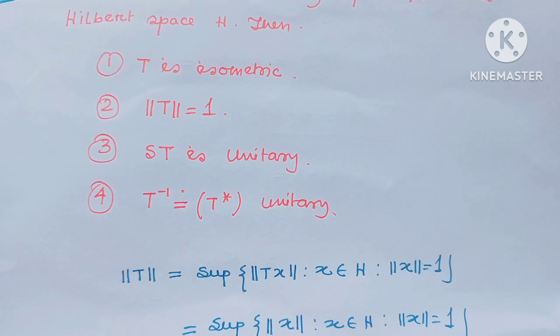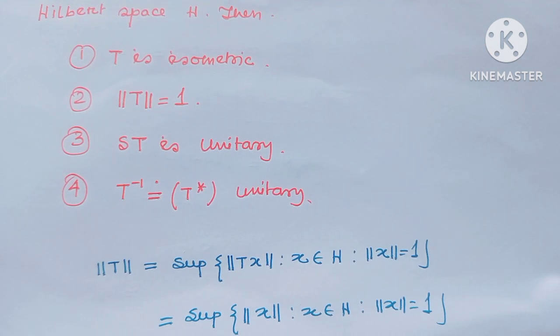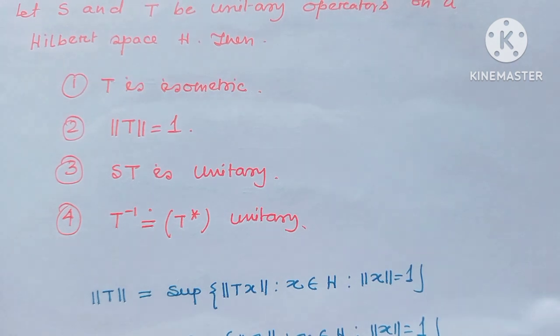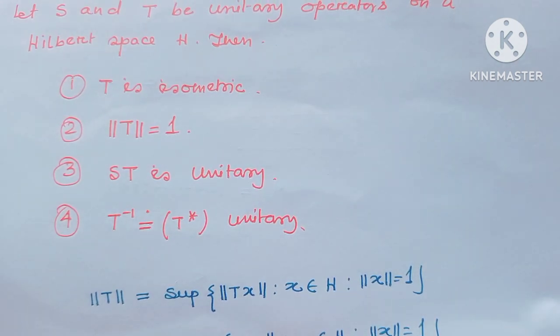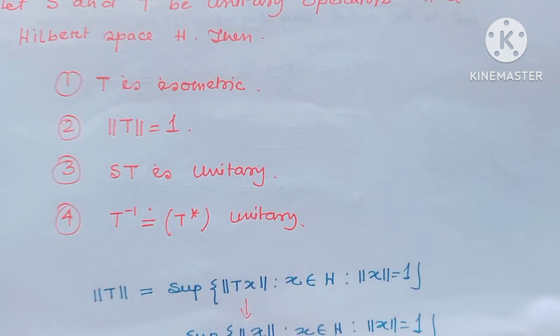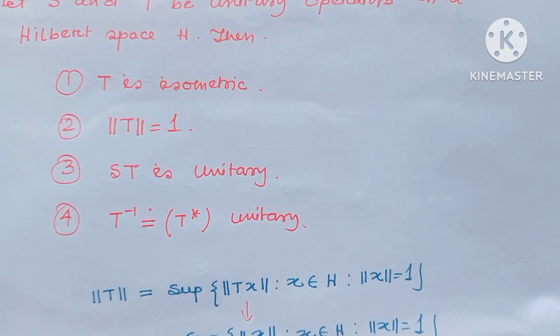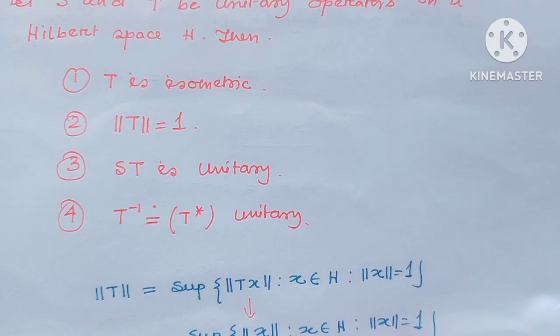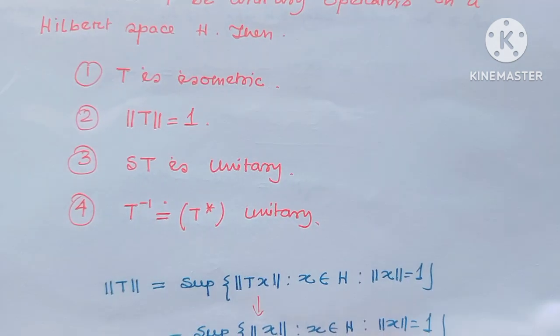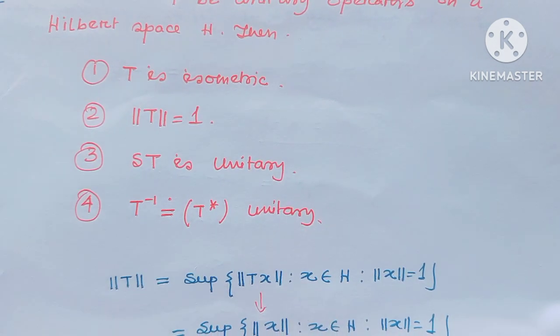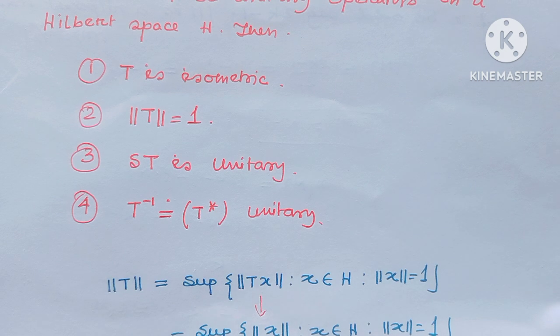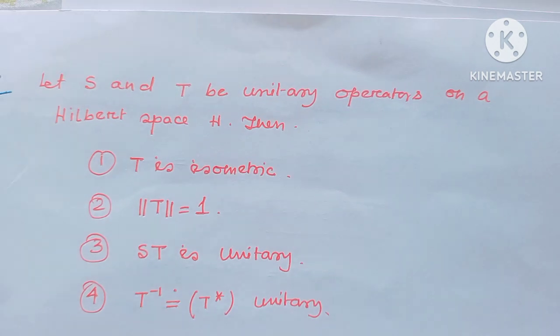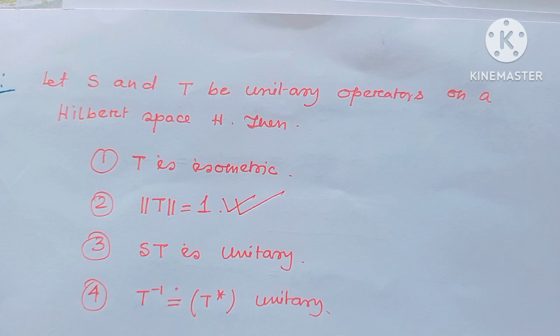Norm T means the supremum of norm Tx where x belongs to H and norm x equals 1. And since inner product and norm are all preserved by a unitary operator, norm Tx means actually norm x, where x belongs to H such that norm x equals 1. That means this value is 1. Therefore, for a unitary operator, norm T is 1.